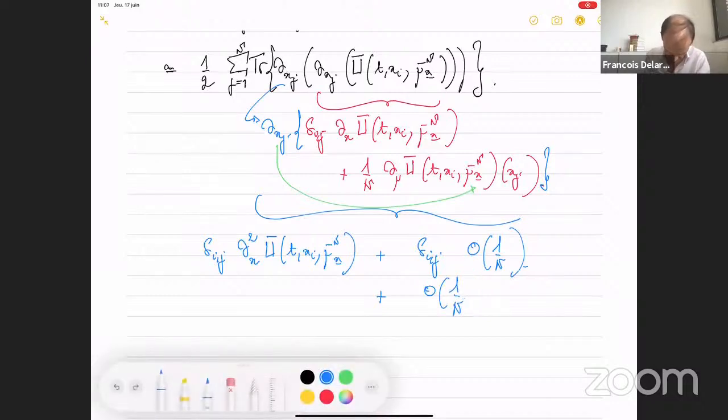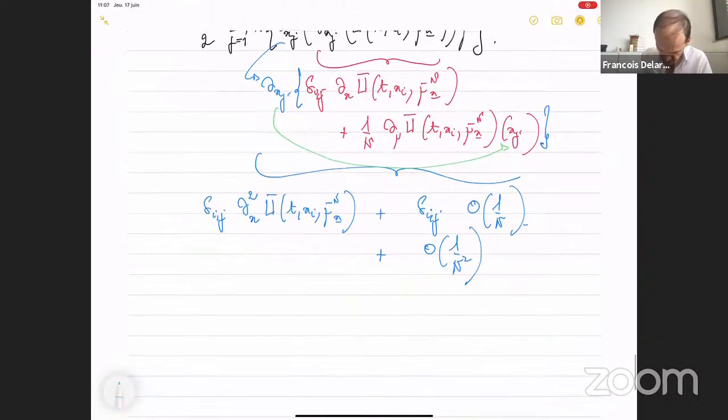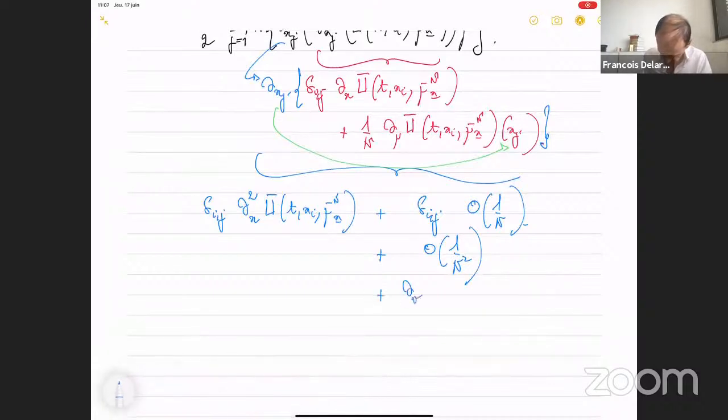And last point is, oops, no, not at all. And so the very last one is this one here. And now you have to take the derivative of this one. And yesterday, this is what I called dv. So there is 1 over n dv d mu u underline txi mu bar and x underline v.